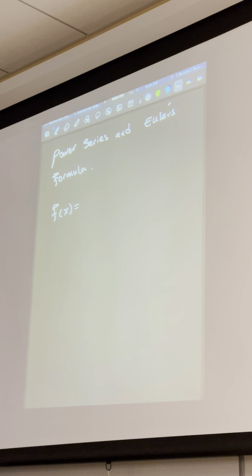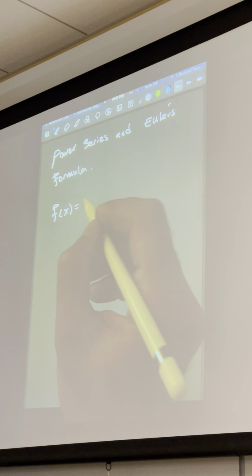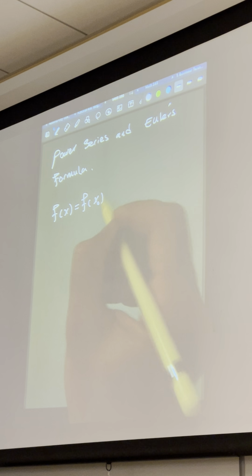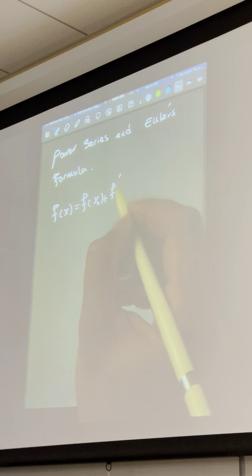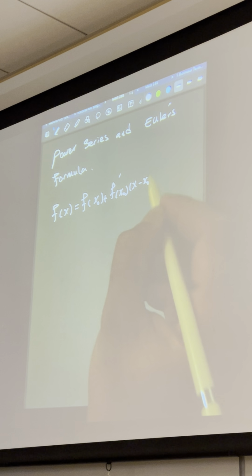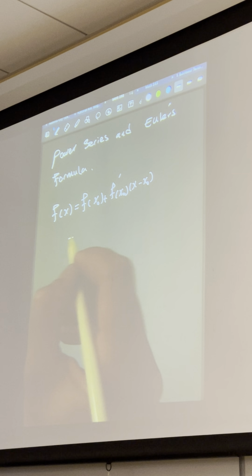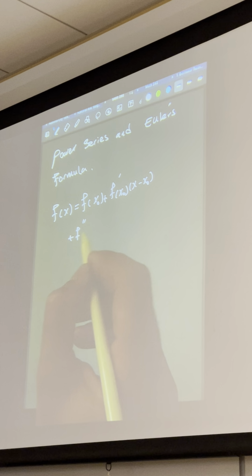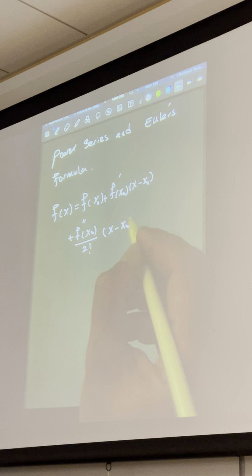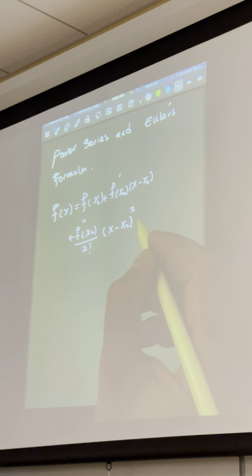Essentially, f of x can be approximated as f of x0 plus f prime at x0 times x minus x0, plus f double prime at x0 over 2 factorial times x minus x0 squared, and then keep going.